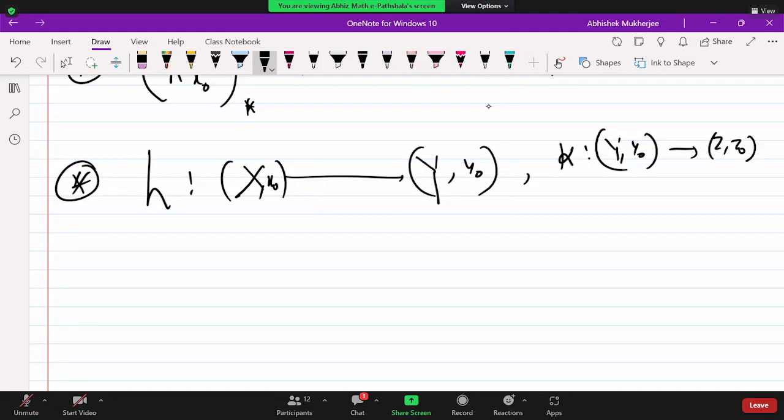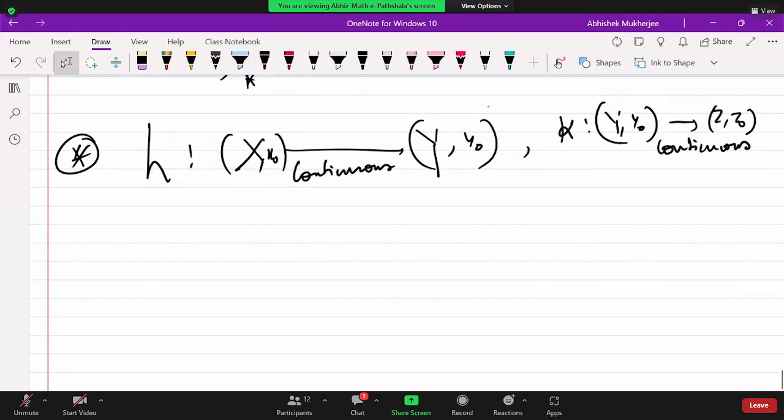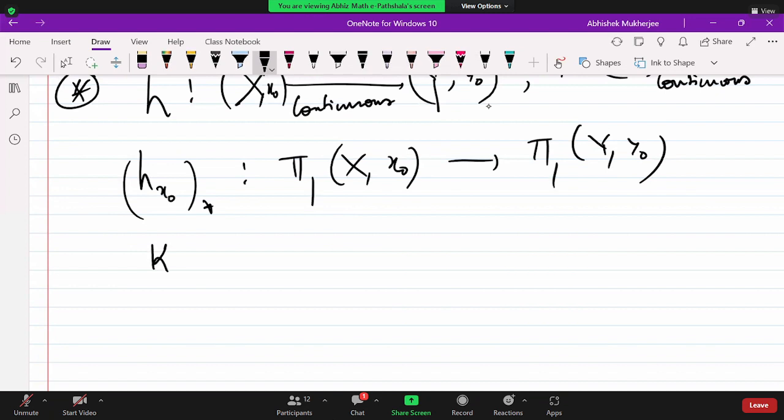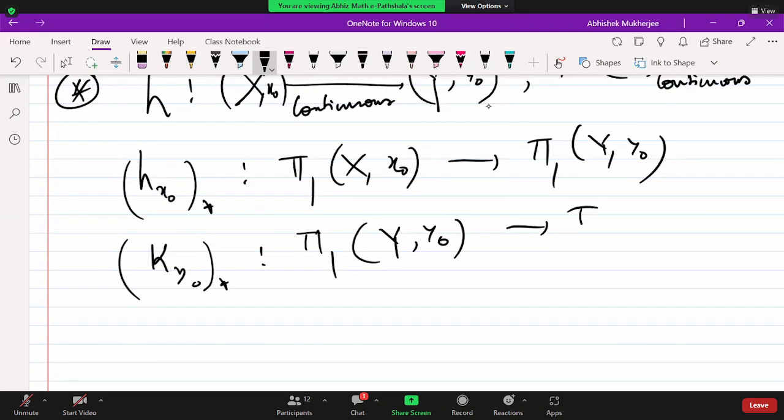Then you can at once prove that these two continuous maps will give rise to two homomorphisms on the respective fundamental groups. One is h x naught star, a homomorphism in between these two fundamental groups. And another one is k y naught star, which is again a homomorphism in between these two groups.